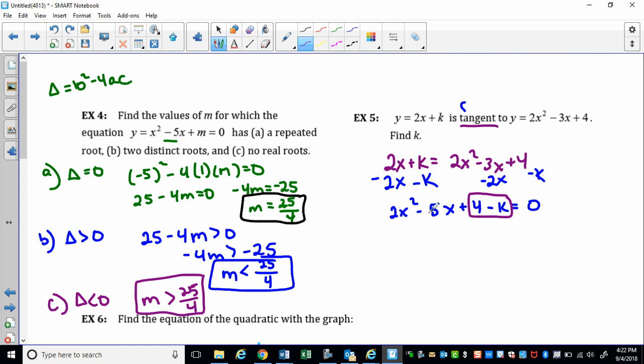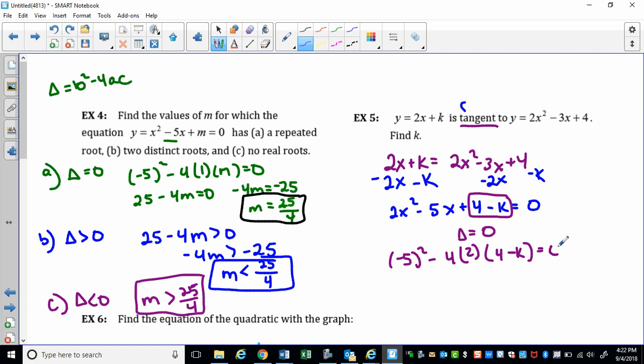So I'm going to plug it into the discriminant because we know when our discriminant is equal to 0, then this is when we're going to have one solution repeated. So this is the only time we have one solution. So I'm going to just substitute this in. Remember, it's b squared, which is negative 5 squared, minus 4a, which is 2, and then c, which is 4 minus k.